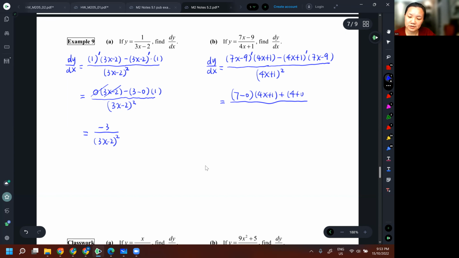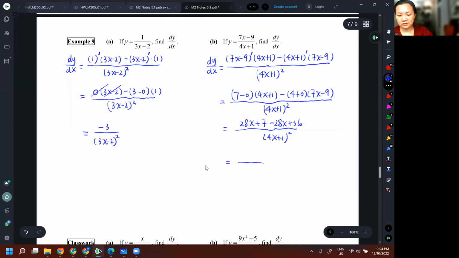This is 4 plus 0. And then you will simplify. Minus, sorry, I was having a stroke. Minus 28x plus 36 divided by 4x plus 1 squared.